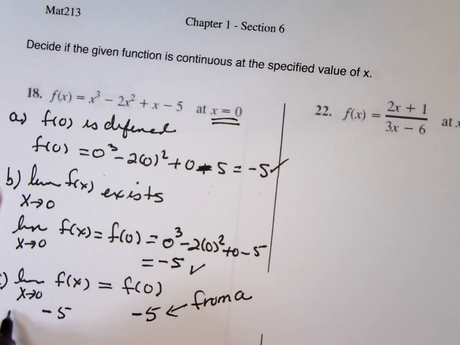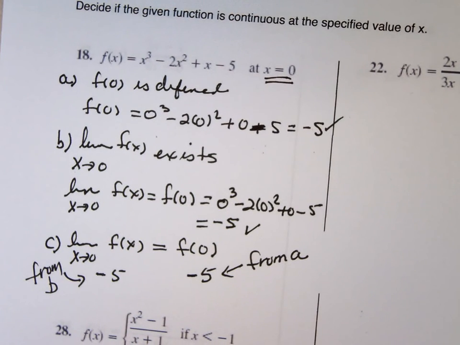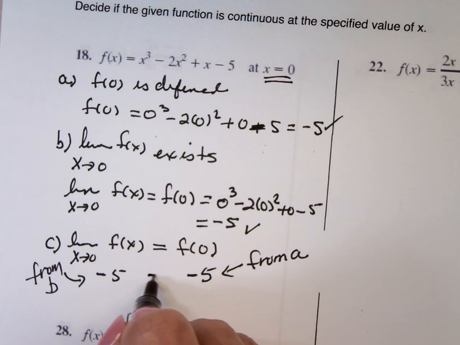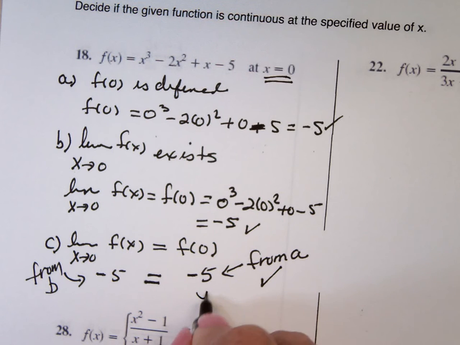Negative 5. And what do I know? Negative 5 equals negative 5, so it is true. So, yep, it's continuous.